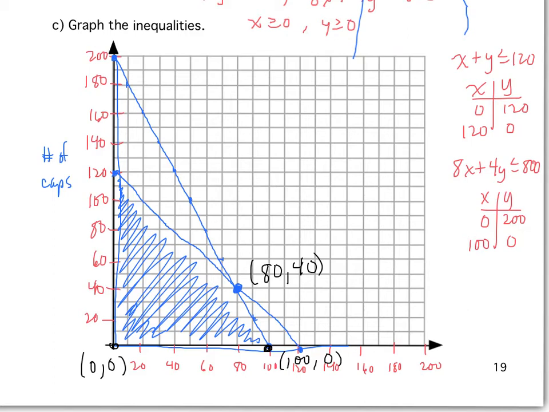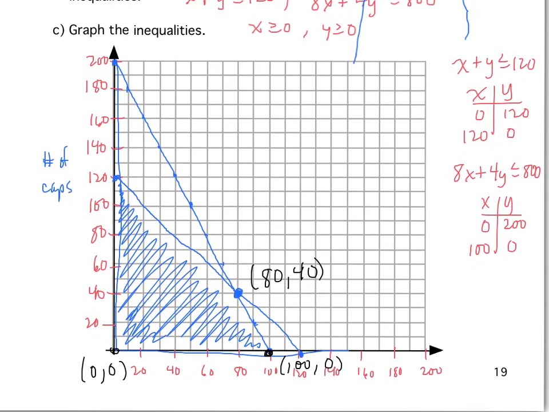And the last one up here, 0, 120 is an important point. So we're mainly only concerned with the vertices of this shaded region, which we were able to find. Okay, so we got to keep those points in mind as we move forward.